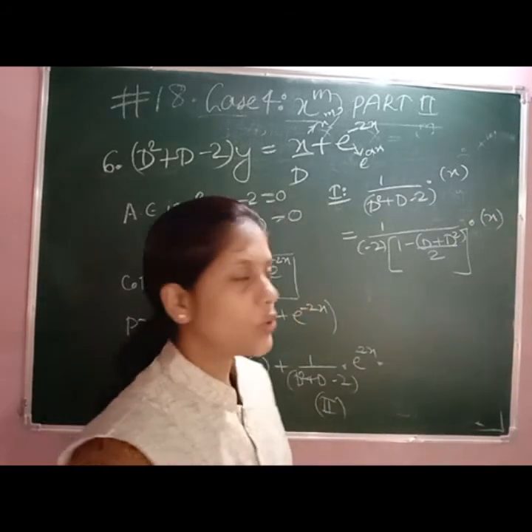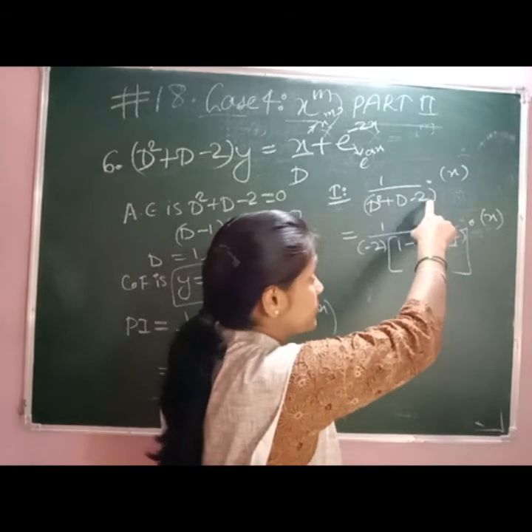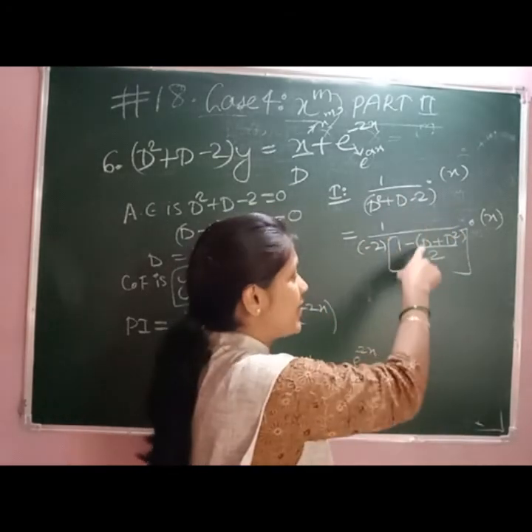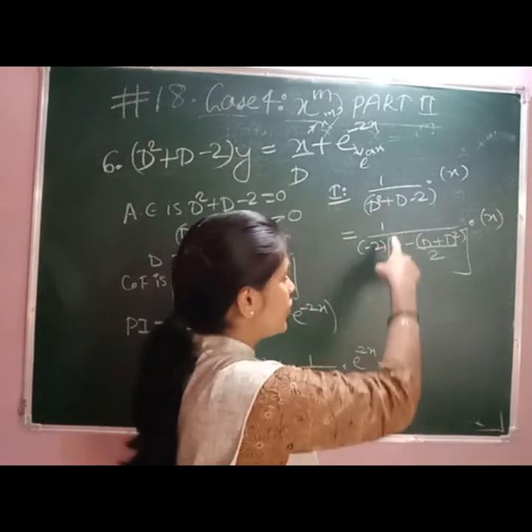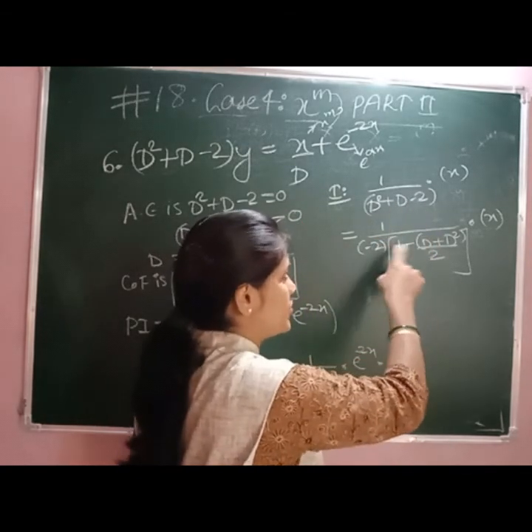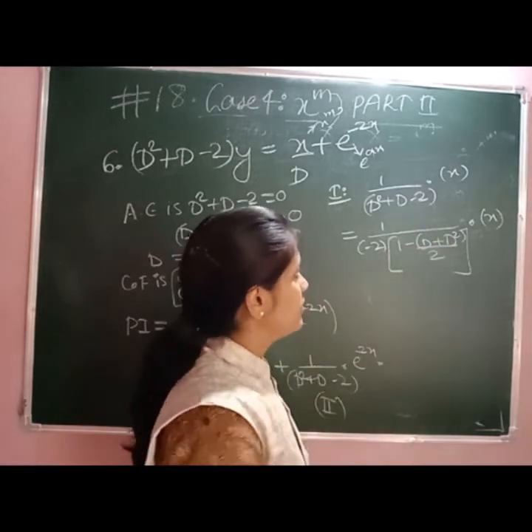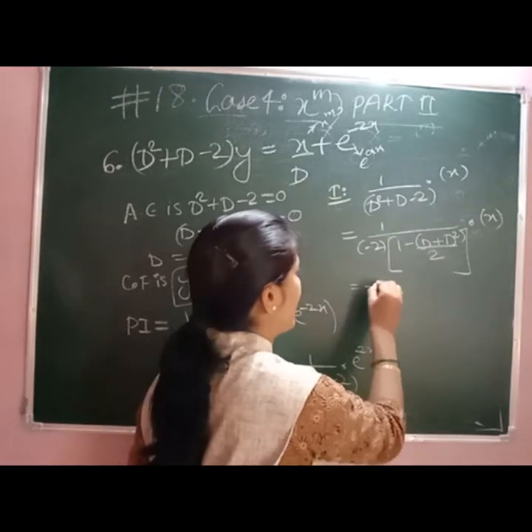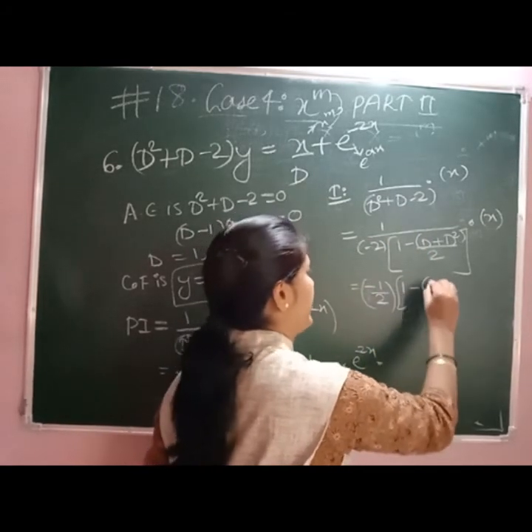Only this is an adjustment step: we are just taking the constant outside, and this should be totally the same. What is this? −2 plus D, minus minus plus, the 2 cancels, plus D, so both are the same. So this is −1/2 times [1 − (D + D²)/2]^(−1) of x.